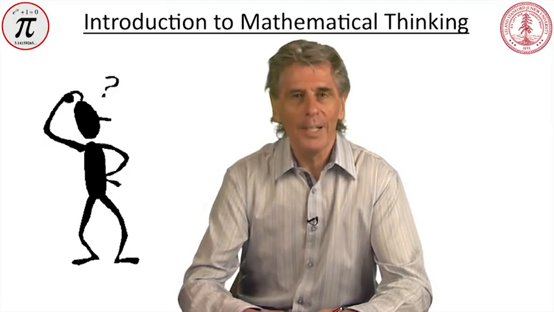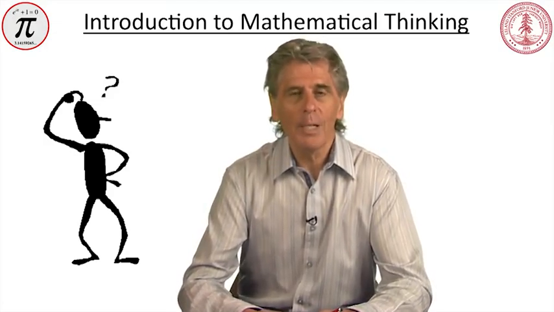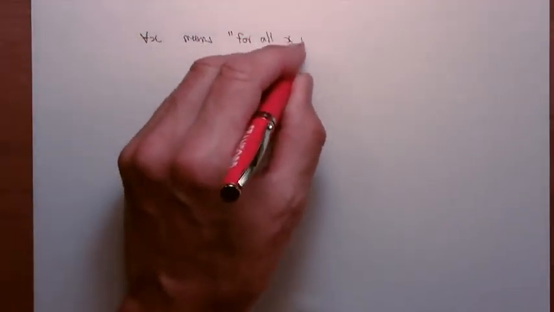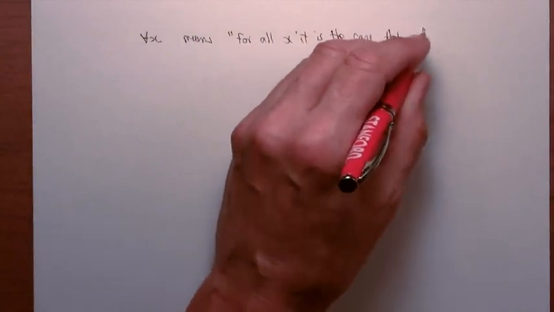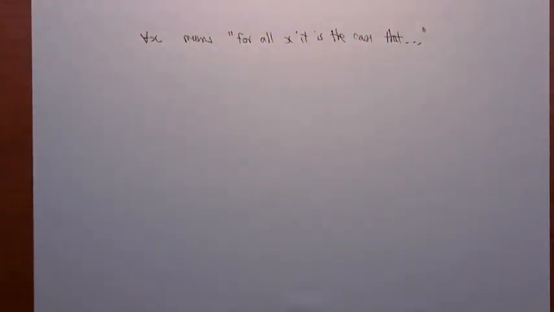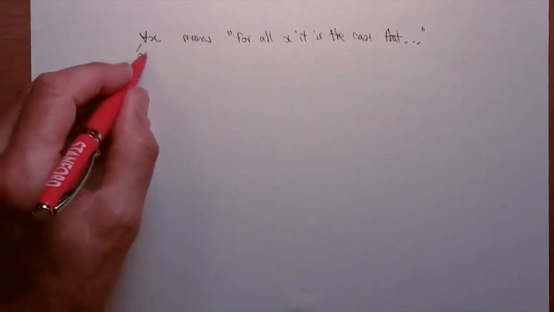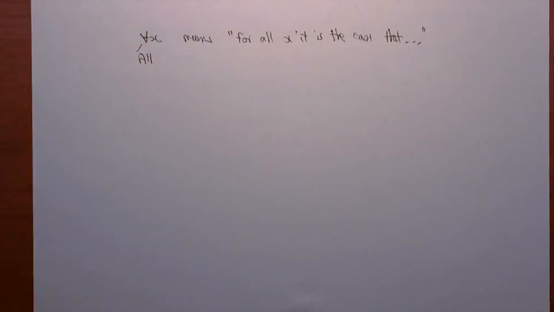The one remaining piece of language we need to examine and make sure we fully comprehend is the universal quantifier, which asserts that something holds for all x. This notation means for all x it's the case that something or other. The symbol here is an upside down letter A, which means for all.